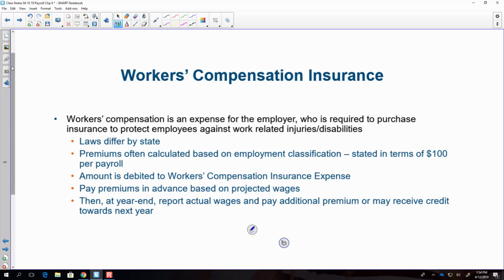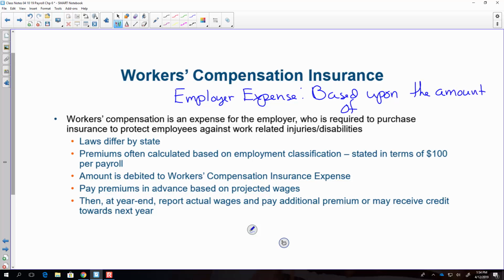Workers' comp, total employer expense. And obviously this is here because it's based upon the amount of payroll. And also, it's based upon the employee's position.